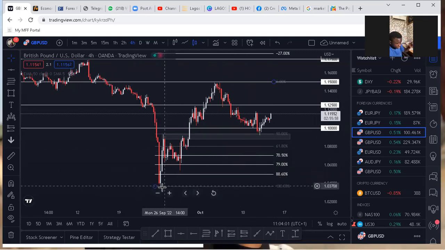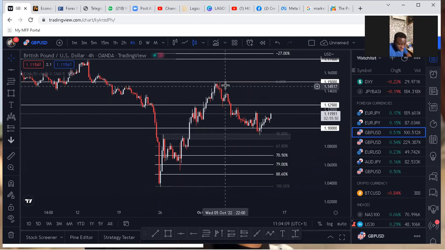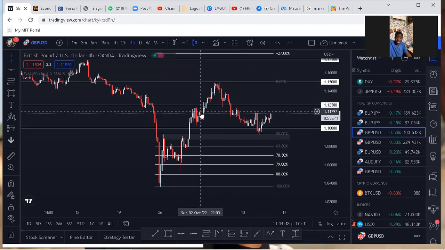You are starting your Fibonacci from your most recent broken structure. But if you want to look at the overall picture, like what I just did now, that's because I'm doing swing, not scalp. If you're scalping, your most recent structure is what you're picking your Fibonacci from. There was a time I was using a strategy called the Fibonacci strategy. I learned it from Kojo Forex. I don't know if you know him.